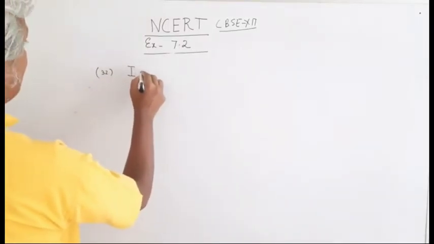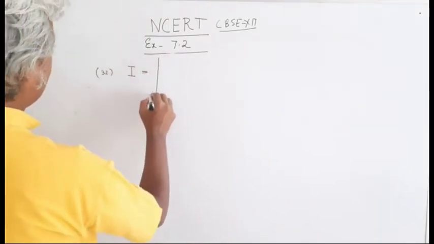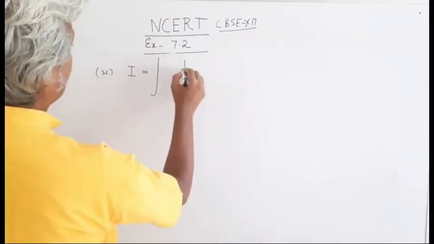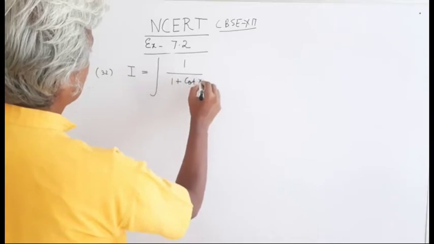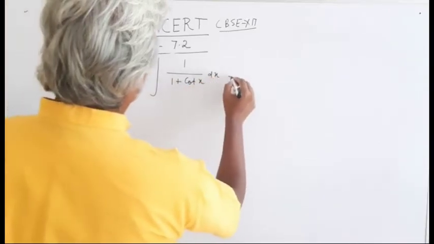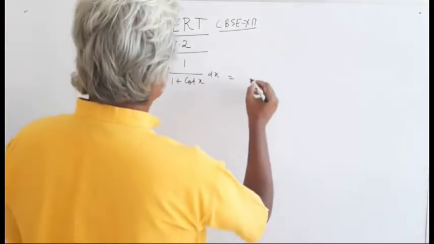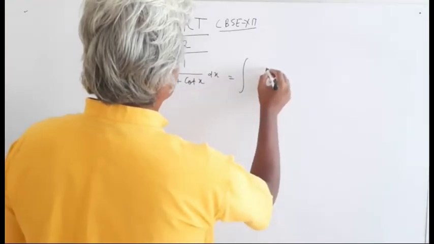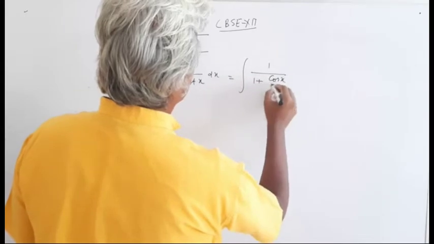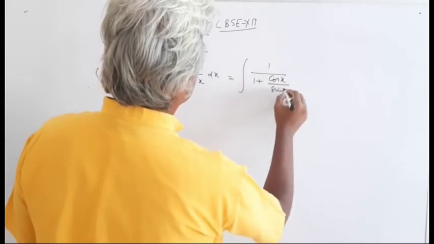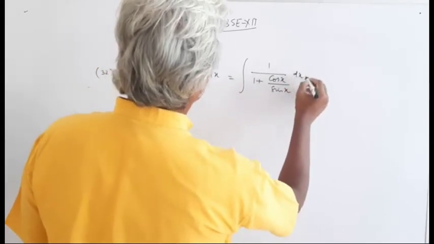And then you have I equals integration of 1 over 1 plus cot x dx. So what we do is replace this cot x by cos x by sin x. So this becomes 1 over 1 plus cos x upon sin x dx.